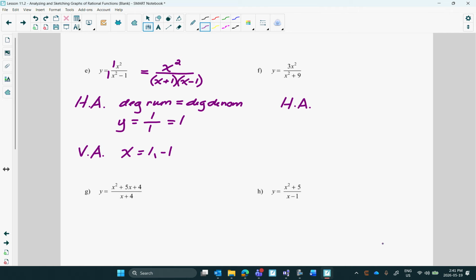What's the horizontal? 3 divided by 1, because the degrees are the same. And remember, it's y equals 3 divided by 1, which is 3. Vertical. What value of x makes the denominator 0? Nothing. So no vertical asymptote, no hole.